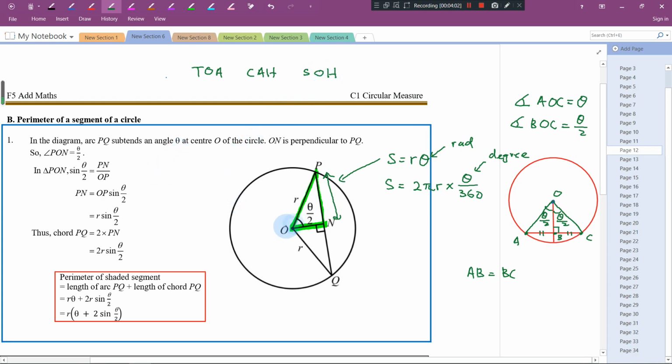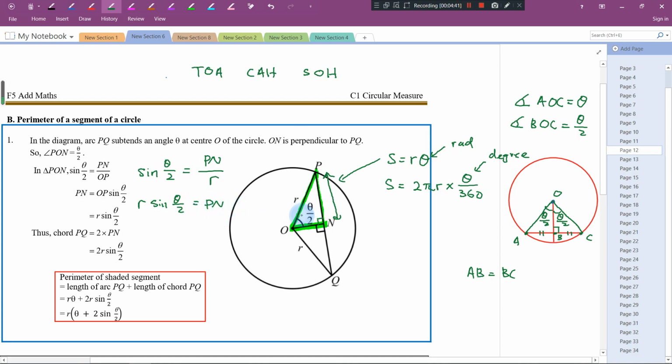Now I'm going to use sine here. Sine of this angle, which is theta over 2, is equal to the opposite side, which is PN, divided by the hypotenuse. The right angle is over here, the hypotenuse will be over here, which is the radius of this circle. Both sides I times r, and the r will cancel out on the right side. I get r sine theta over 2 is equal to PN.